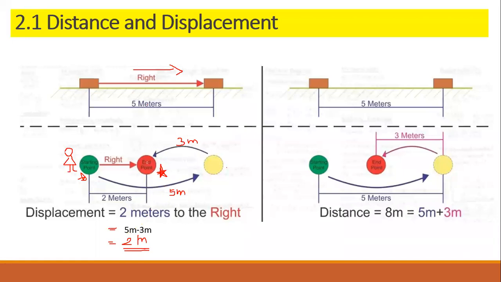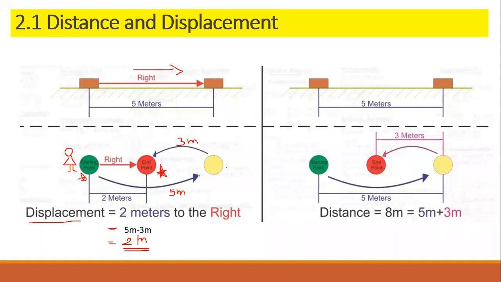We have to reduce it to find the displacement, because as the displacement we want the shortest distance. This path is not the shortest distance. She has come here and then has come to here. So this is not the shortest distance, it's just a long path.